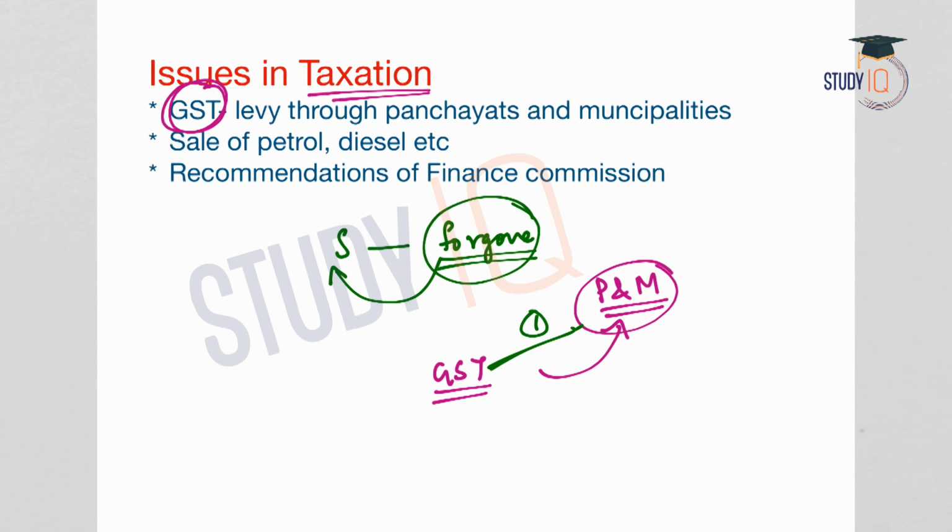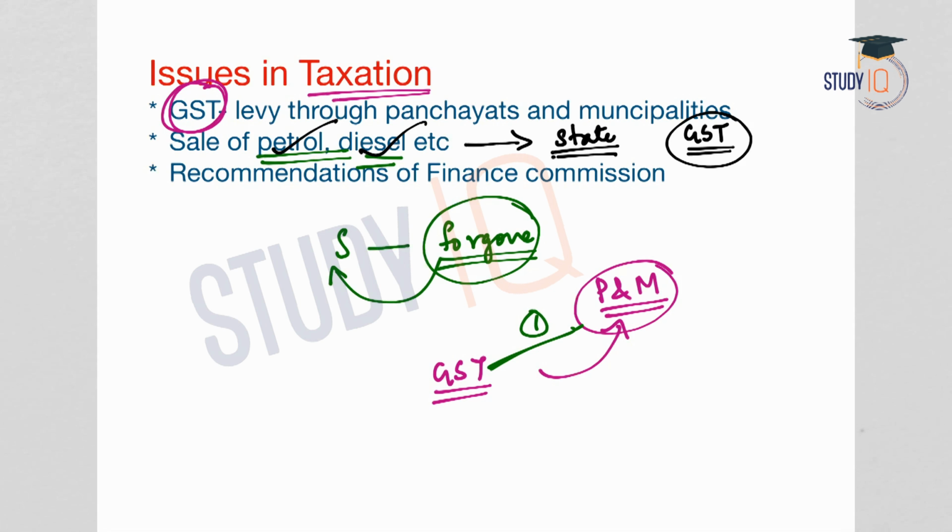Now the second issue is with regard to the sale of petrol, diesel, etc. Under the GST amendments to the Constitution, states have the power to levy tax on the sale of petrol, diesel, etc., and the revenues from this will go to the state budget. Now the GST Council, the decision making body under the GST system, has to recommend whether to include these items under the GST or not.